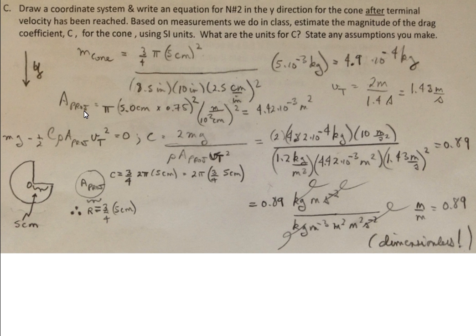So the projected area is pi r squared, but r is now 3/4 of 5 centimeters, squared. And I'm now going to convert from square centimeters to square meters by multiplying by meters over 10 to the 2 centimeters squared, which gives 4.42 times 10 to the minus 3 meters squared.